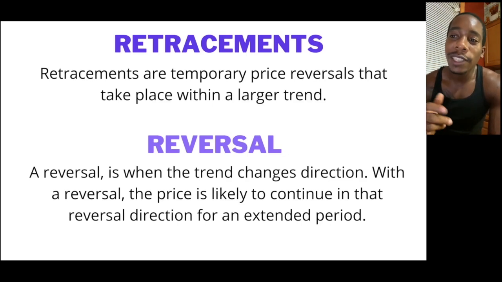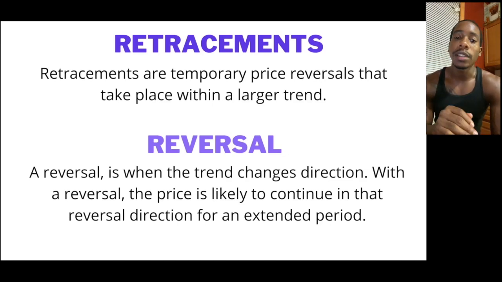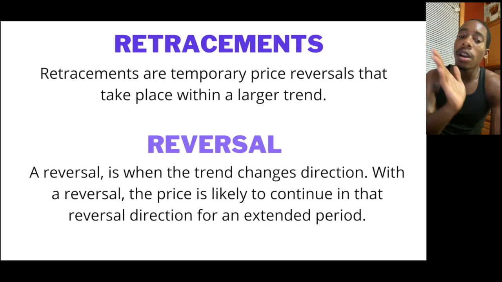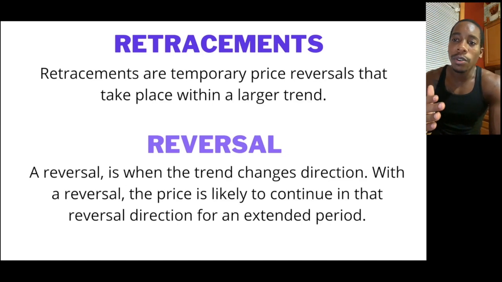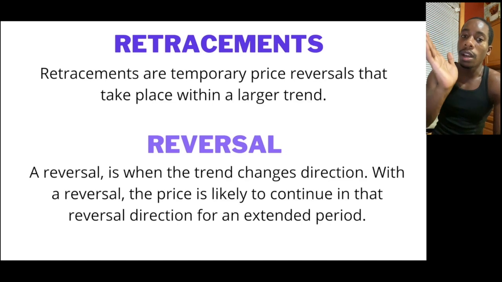So what a retracement is, they're temporary price reversals that take place within a larger trend. The trend may be moving upward, or the trend may even be going downward, right? Let's just imagine that the trend is going upward.